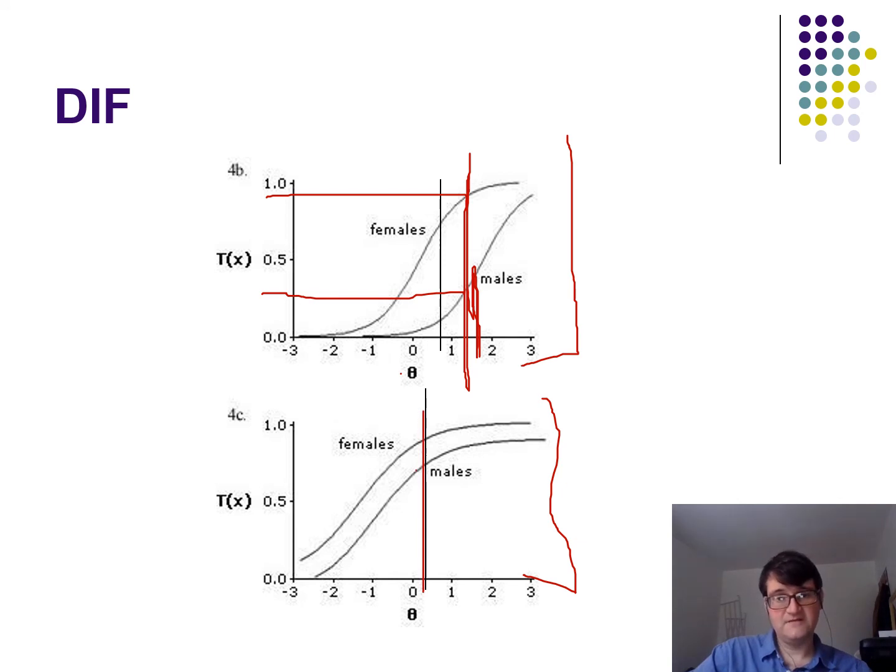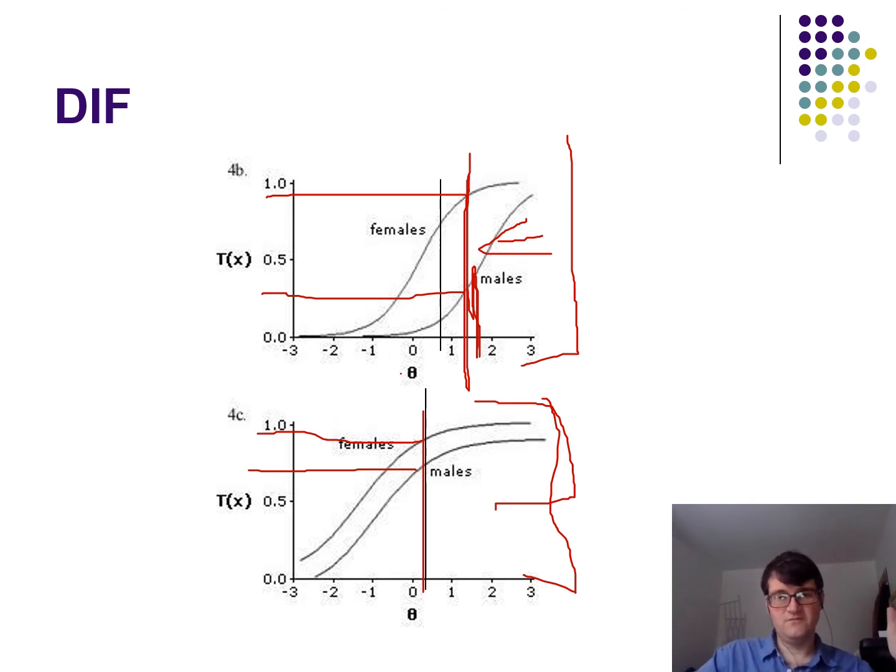Males are less likely to answer this correctly for any given level of ability than females. Here the rest of the curve looks the same, it's just that there's a difference vertically, whereas here this is called the discrimination. So the test is more discriminating for men, but much more difficult, whereas for women it is slightly less discriminating, but less difficult as well.